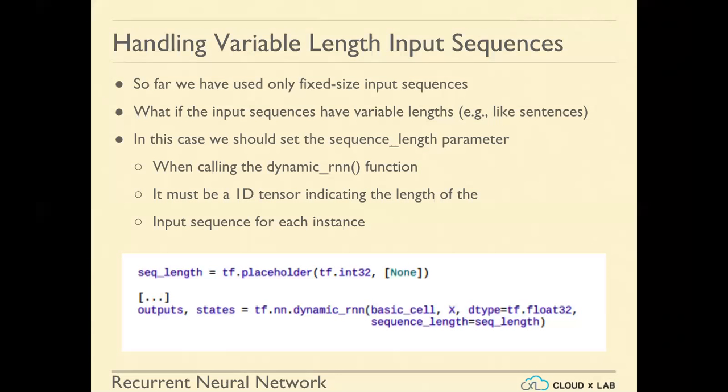What if some of these are missing, because every sentence could have a different length? So we're going to use dynamic RNN with the sequence length.